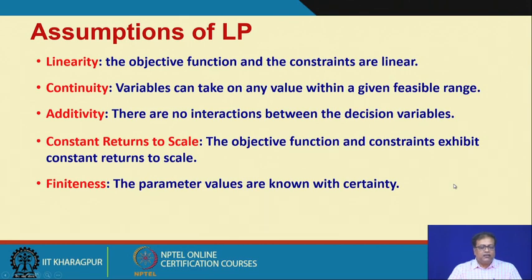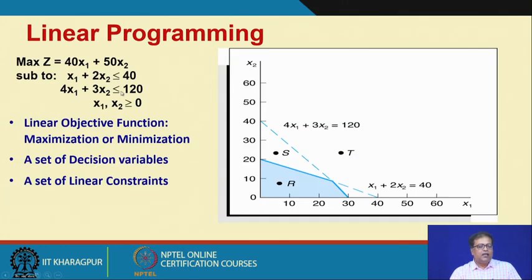And then constant returns to scale. The objective function and the constraints exhibit constant returns to scale. What does it mean? Supposing I have a particular profit for x1, let us say 40. For one item it is 40, for two items it becomes 80, for 3 items 120, 4 items 160, that is constant returns to scale.